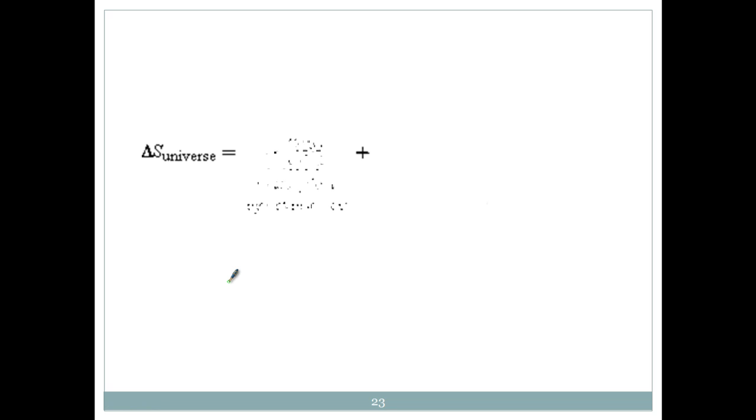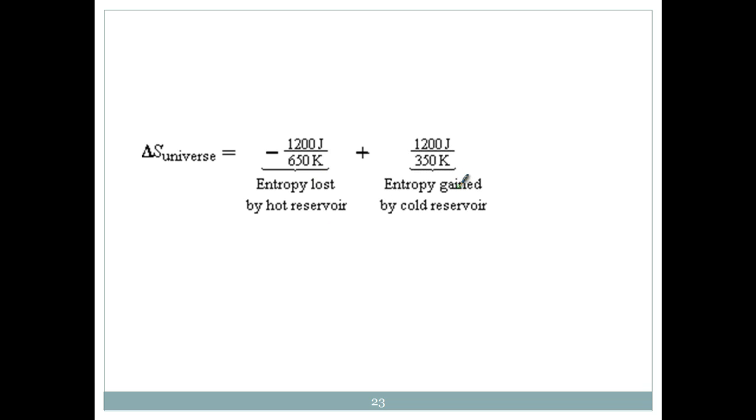So the entropy of the universe is going to be equal to the entropy lost by the hot reservoir, which is negative, so we know it's lost, plus the entropy gained by the cold reservoir. So entropy lost by the hot plus entropy gained by the cold. We have the 1200 joules, which is the energy that flows out of the hot, divided by the temperature of the hot.